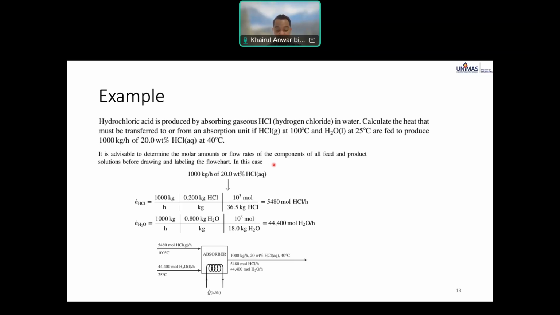In this case, 1000 kg per hour of 20% HCl aqueous.